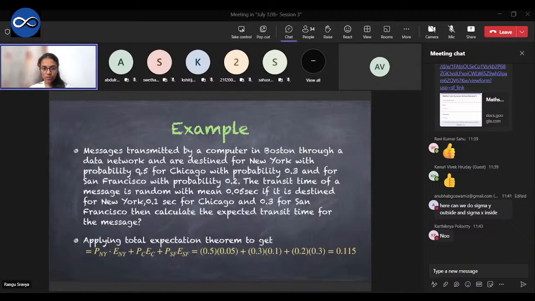So 0.05 into the probability that it is destined for New York, which is given as 0.5. And again, similarly, expected time given it is for Chicago is 0.1, so 0.1 into the probability that it is destined for Chicago, that is 0.3. Similarly for the other one. So adding all this, we will get 0.115. So this is how the application of the total expectation theorem would be.